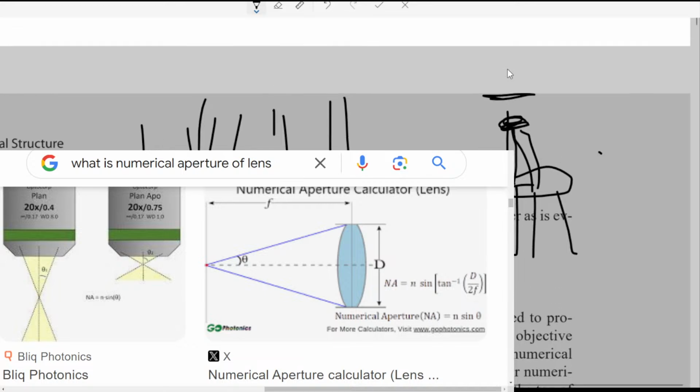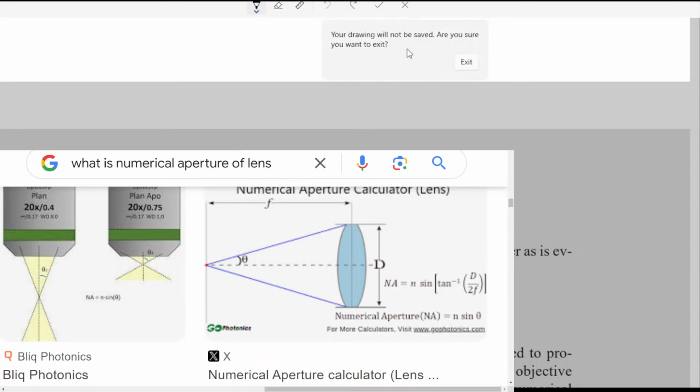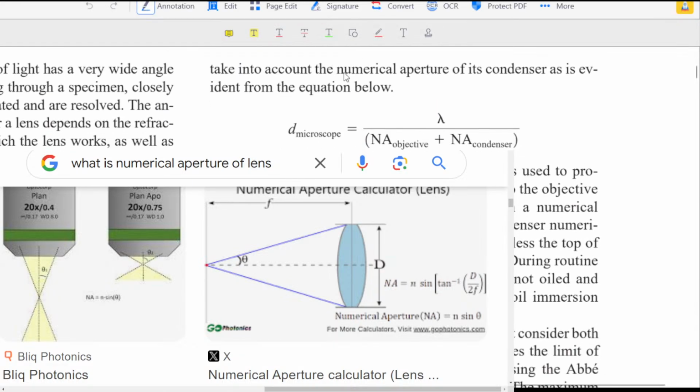So the light that is passed to the specimen goes directly to the lens and doesn't have extra light passing around it, so it enhances the working of the lens. So they are saying we have to take into account the numerical aperture of its condenser as well.